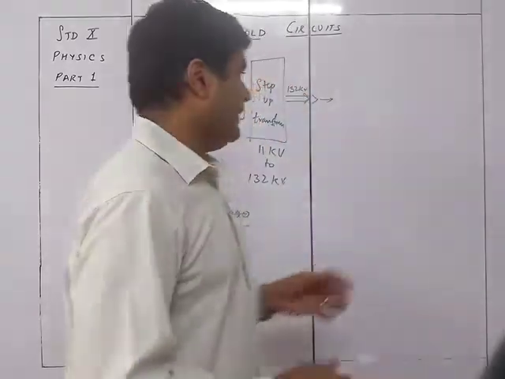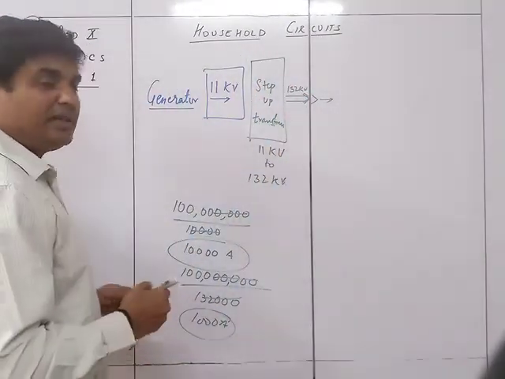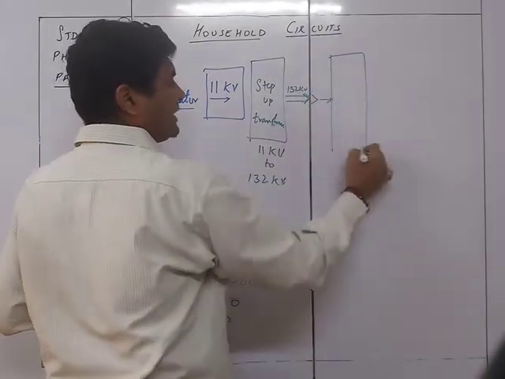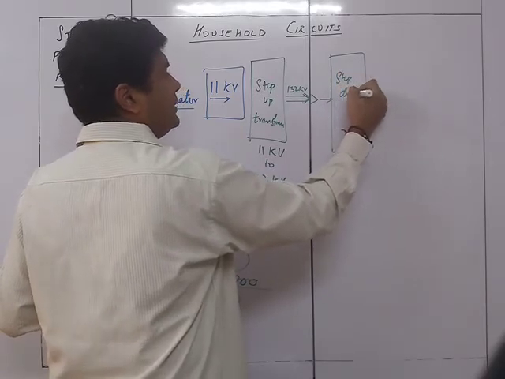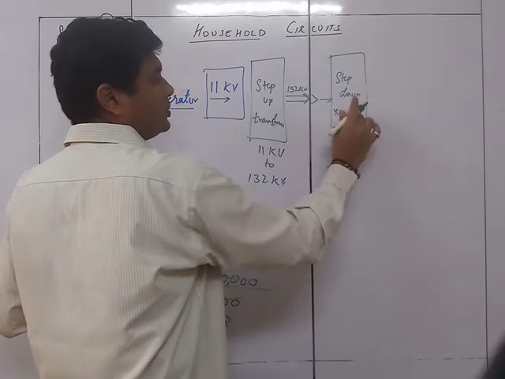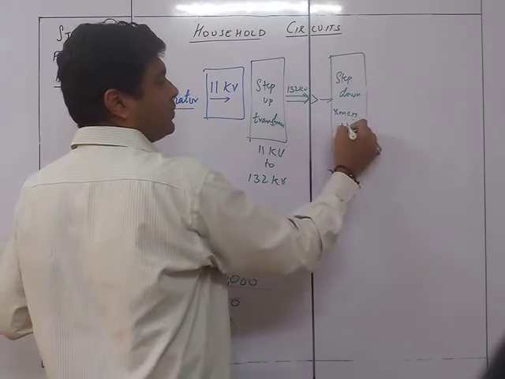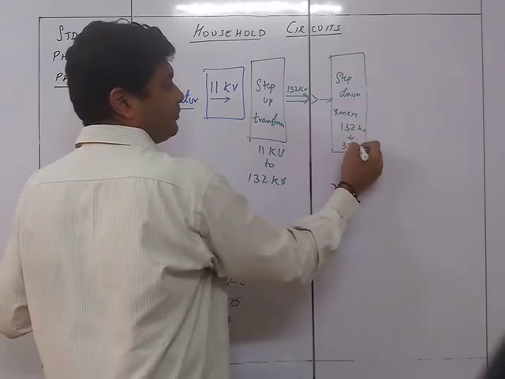So that's why, as soon as it reaches somewhere near the city where the heavy industries are located, there will be another substation which will be a step down transformer, also called XMR. So the step down transformer will be converting this 132 kV into 33 kV.